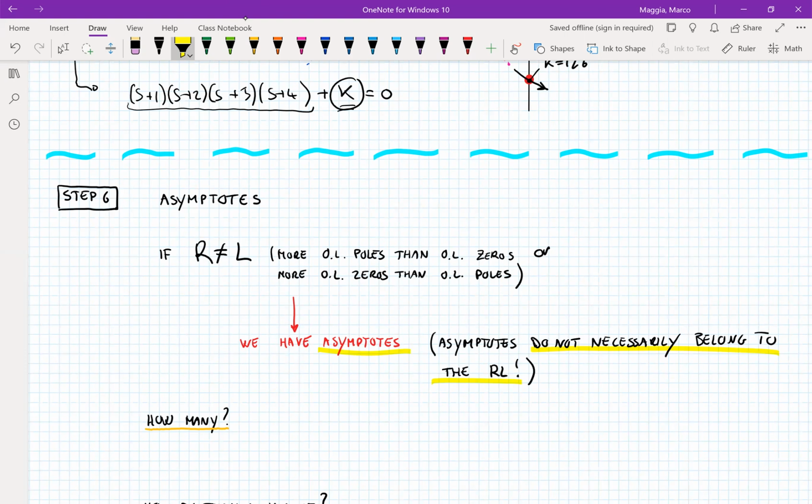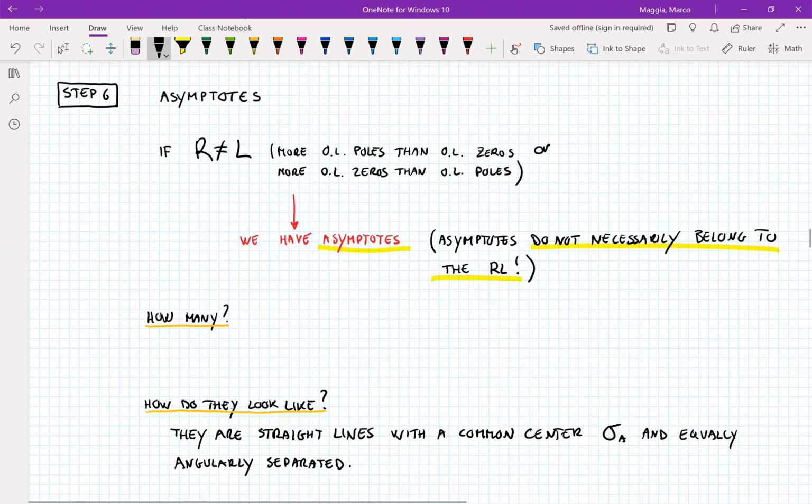First of all, how many of them do we have? The number of asymptotes is the absolute value of R minus L. If we have, let's say, 2 more open loop poles than open loop zeros, then there are 2 asymptotes. If we have 2 more open loop zeros than poles, we still have 2 asymptotes.